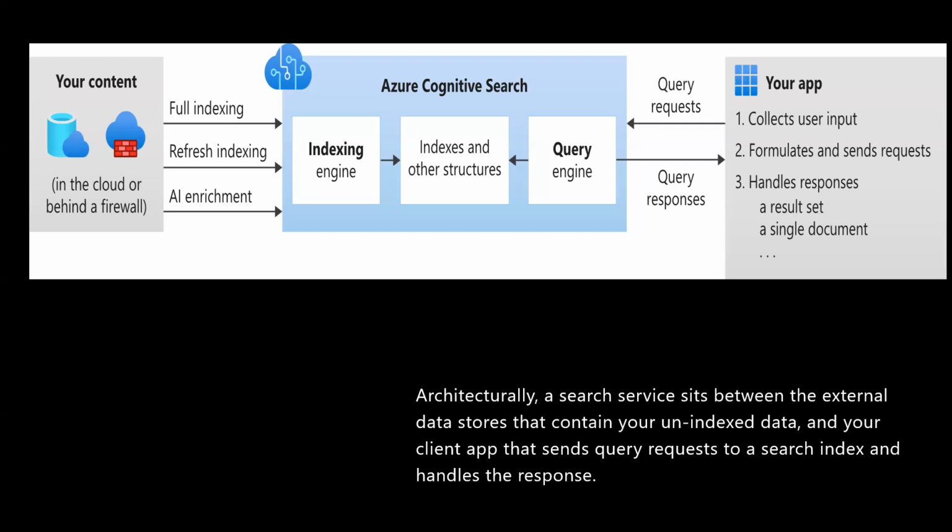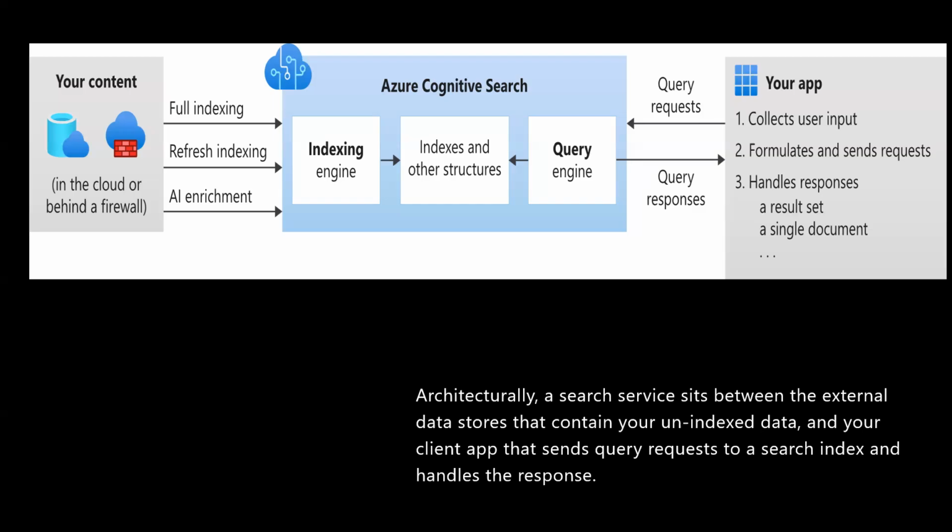So this is how Azure Cognitive Search works. Architecturally, a search service sits between the external data stores that contain your unindexed data and your client application that sends query requests to a search index and handles the responses.